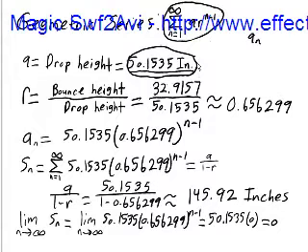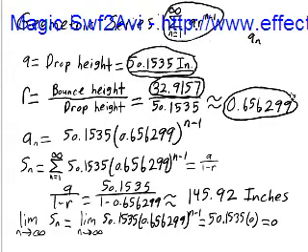For my experiment, I found that the first bounce height was 32.9157, and when you divide that by the drop height, you get about 0.656299. So our sequence is 50.1535 times 0.656299^(n-1), which is right here.